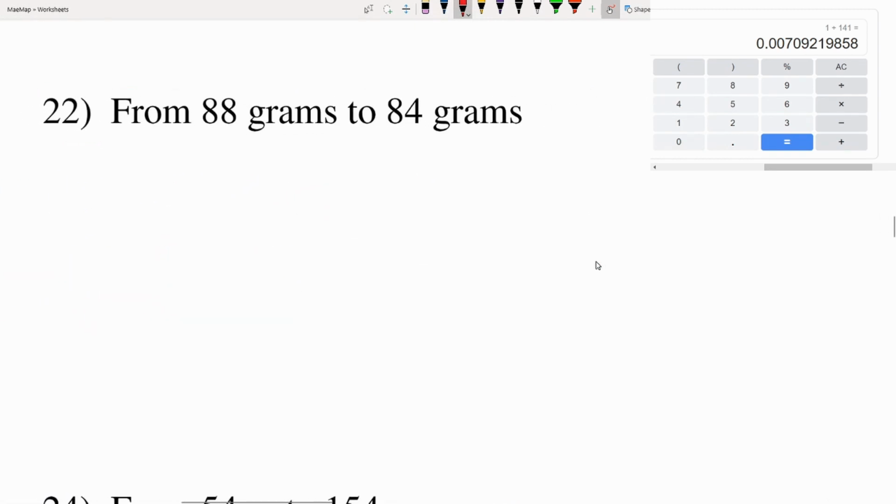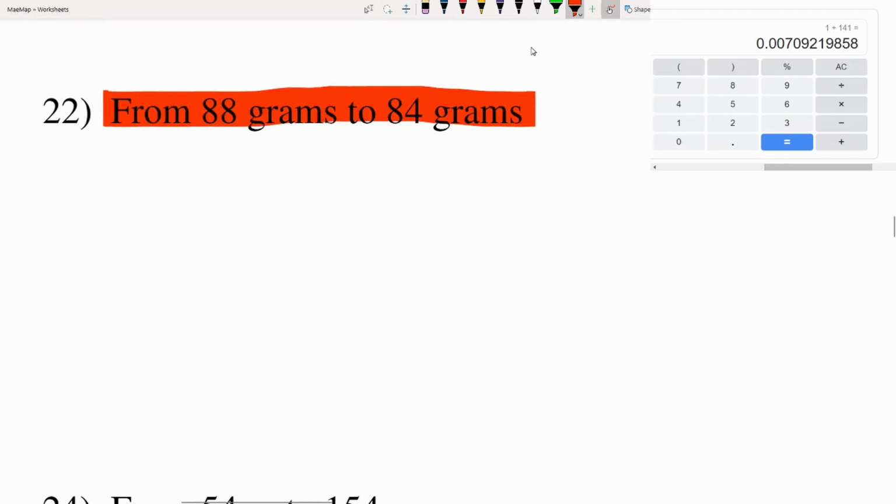22, from 88 grams to 84 grams, we're decreasing. And let's do the change really quickly in our head without even writing it out. That's a change of 4 grams, right? Because 88 minus 84 is 4 grams.